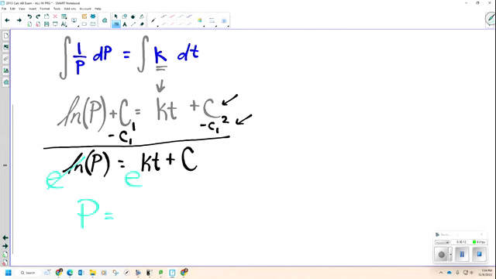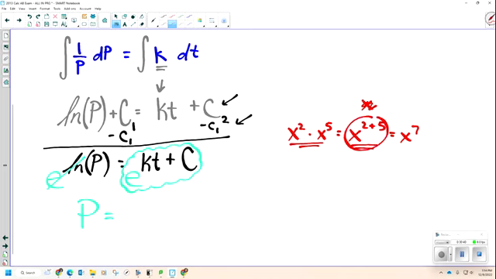Now, what about this right here? You better know your rules for exponents. What do I mean? If I have x squared times x to the fifth, don't I just add the exponents 2 plus 5? That's really x to the seventh, right? So we're not starting with 2 and putting together to make 1. We're starting with 1. We're going to break it up so it's 2 with a common base that we're multiplying together.